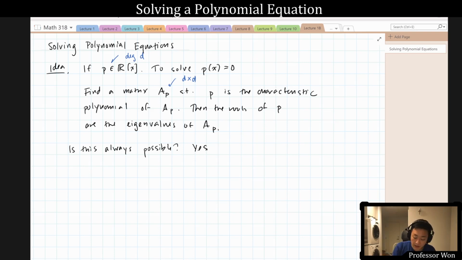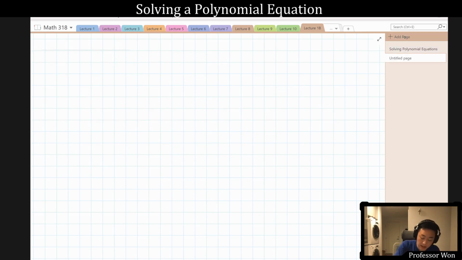Okay, so I'm about to give you the complete answer. We should try to understand why it works. So let's start with a general degree d polynomial. Again, it looks like this, where we just use the variables a_d down through a_0 to represent the coefficients.